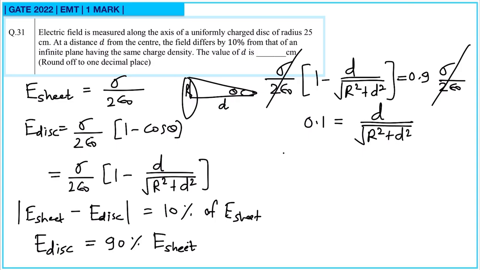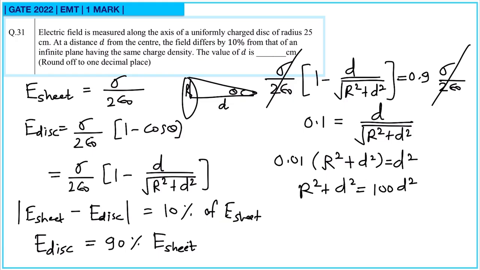Taking square on both sides, this will be 0.01 into r square plus d square is equal to d square. So r square plus d square is equal to 100 into d square. So r square is equal to 99 into d square.